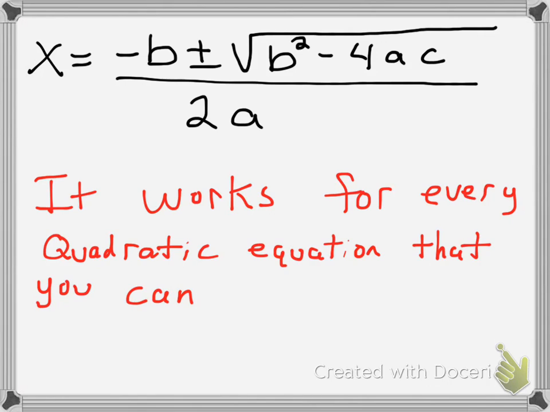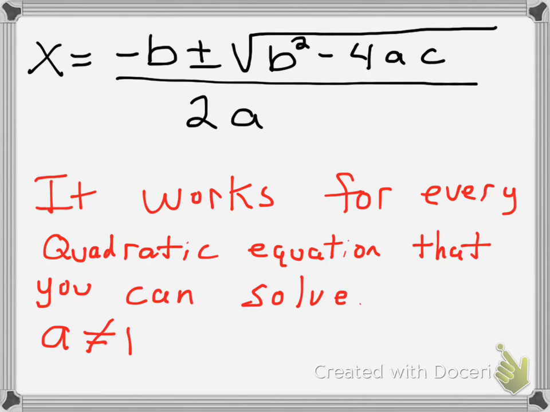So, when factoring, we try to keep A equals 1 and go from there. A does not have to equal 1. When A does not equal 1, I would suggest using this quadratic formula. Because if A is 1, we can factor, we can complete the square. With the quadratic formula, it does not matter what A is. But I would definitely use it when A does not equal 1.